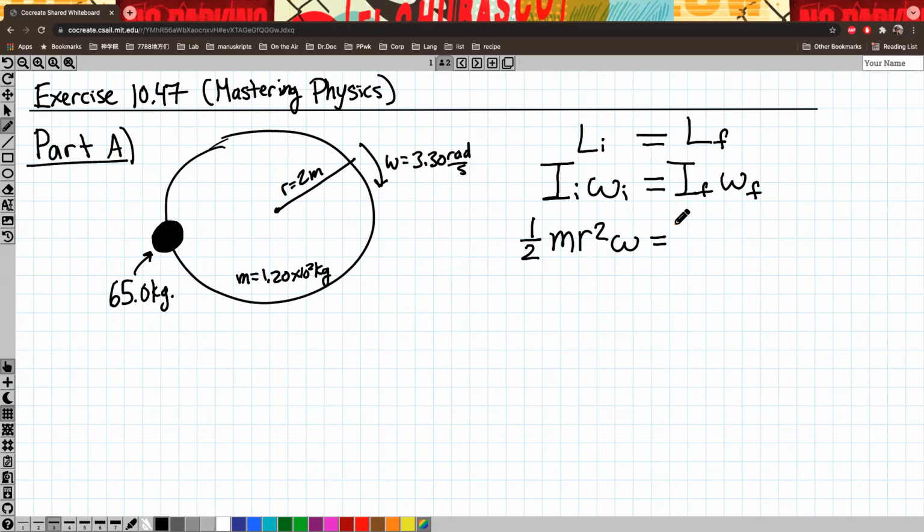So it's going to be the moment of inertia of the disc plus the moment of inertia of the parachuter, right? So the disc would remain the same, right? Or would it add the mass of the parachutist?